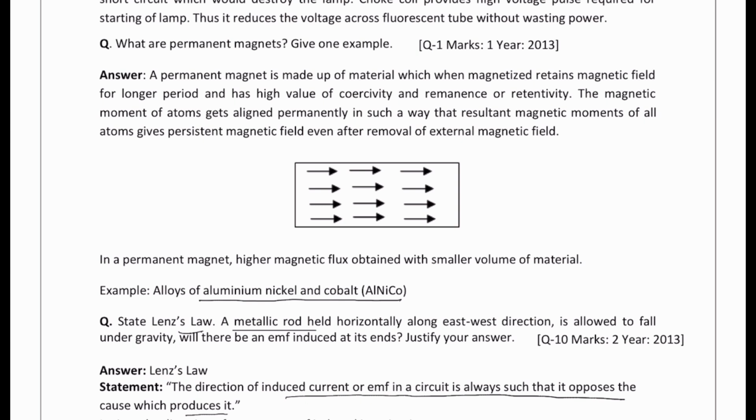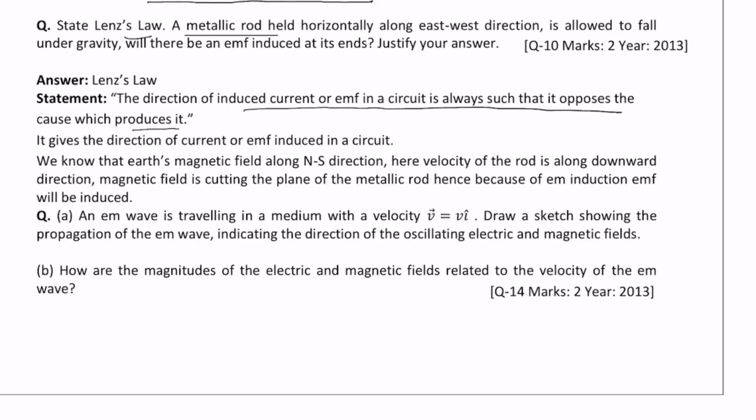It is a very philosophical statement. The direction of the induced current will be such that it opposes the cause, correct? If a north pole is approaching, then a north pole will be developed so that it can repel. So it gives the direction of current and induced EMF in the circuit.